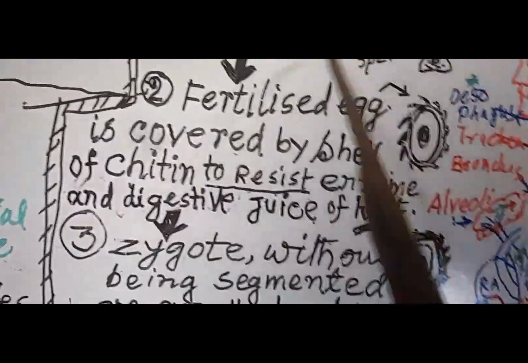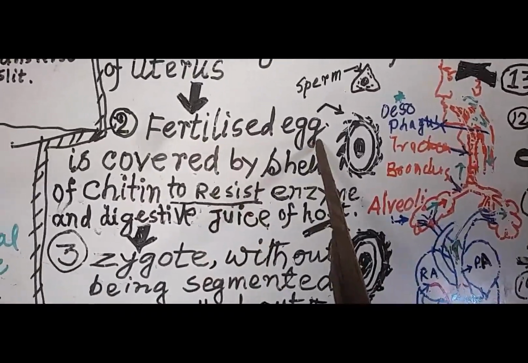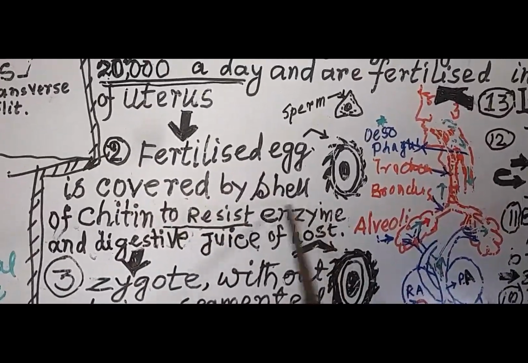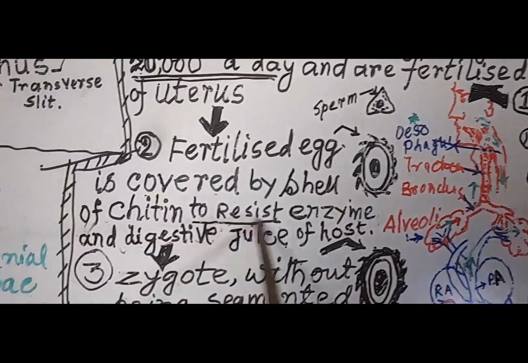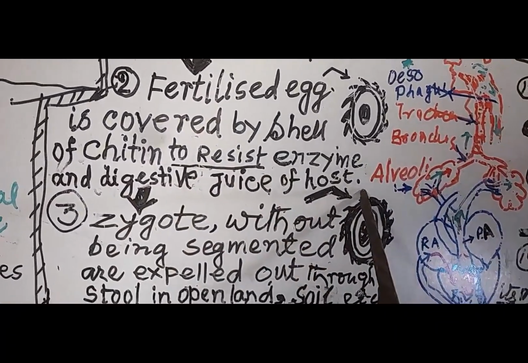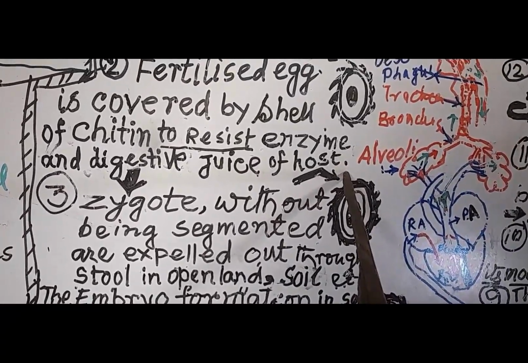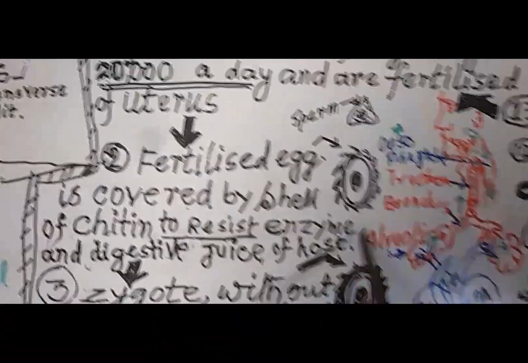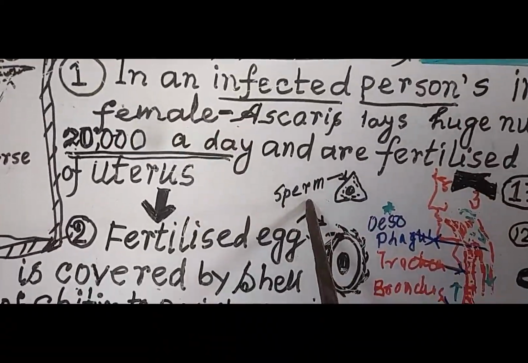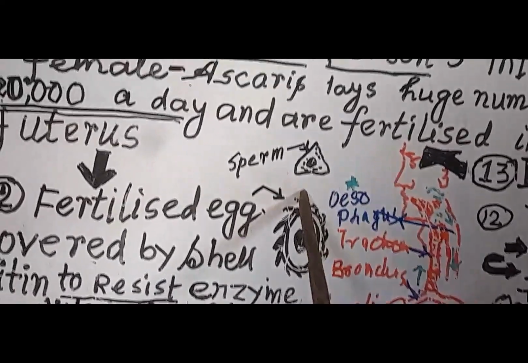Then, the second point is that the fertilized egg is covered by a shell of chitin to resist the enzymes and digestive juice of the host, so that it should not be digested like the food. You have to see that the sperm of Ascaris is not like others.